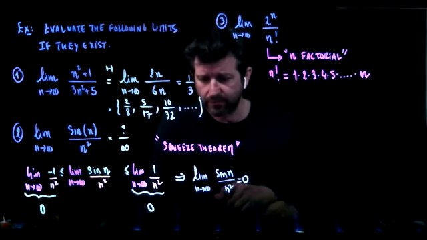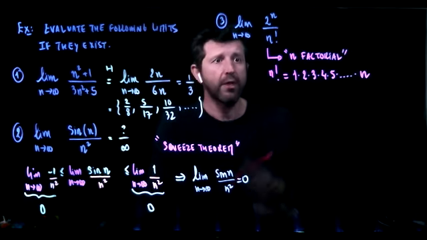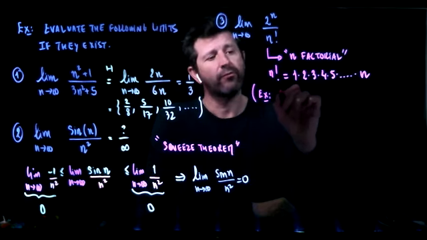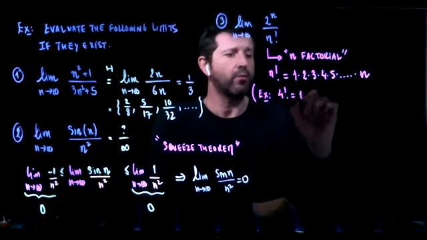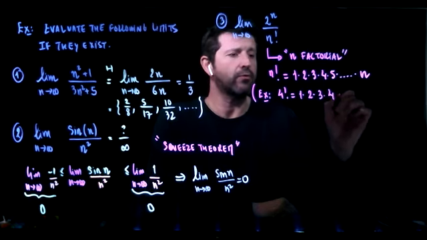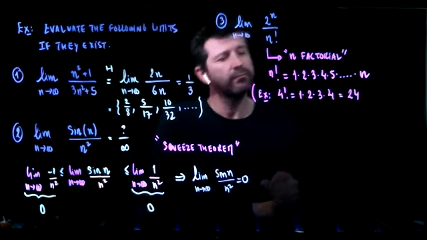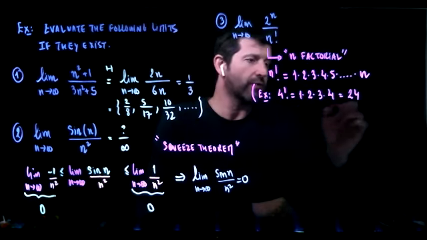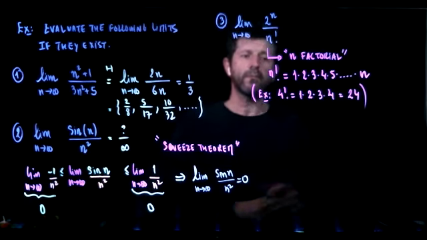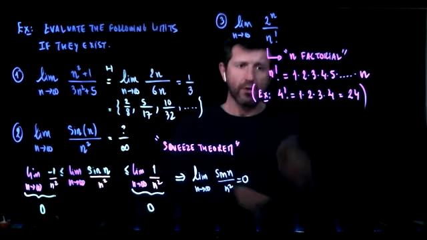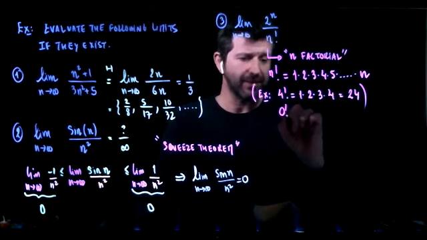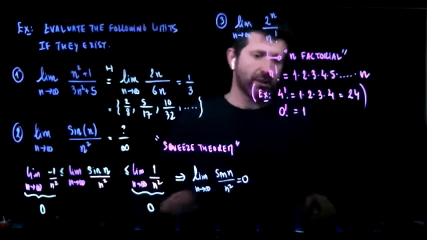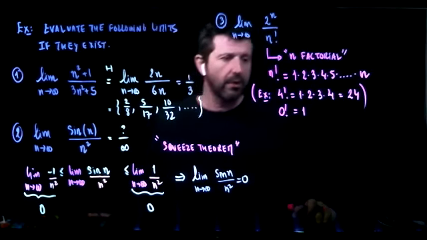That's what n factorial means. For example, 4 factorial is 1 times 2 times 3 times 4, which is 24. And 5 factorial will be 120 and so on. Just for you to know, 0 factorial is 1. Why is this true? It's not for this course.